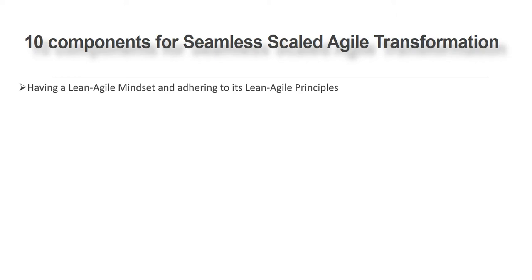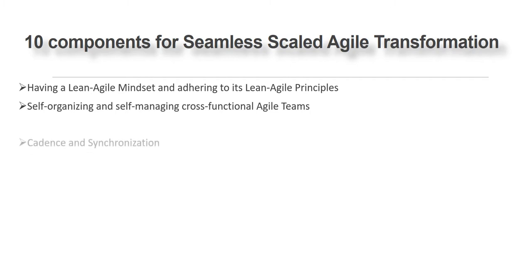We should have that lean agile mindset: I am going to keep things simple, I am going to keep things lean, I am going to keep things free of waste, and that is where it actually helps. Then we have self-organizing and self-managing cross-functional agile teams. We saw that already from an agile perspective also. Cadence and synchronization, which came up in the discussion of challenges that we were facing from agile.